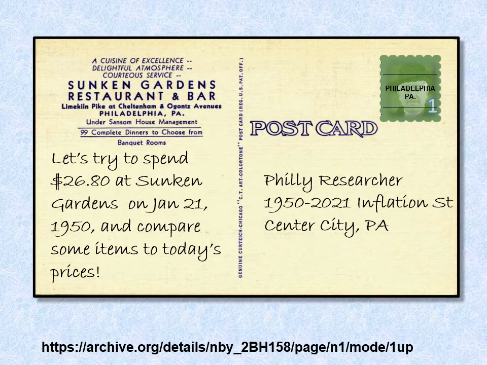I chose this because I'm interested in menus when I do these talks, and I went online to an auction site, and they had a really neat menu from Sunken Gardens from January 21st, 1950. Really complete. So let me show you that.